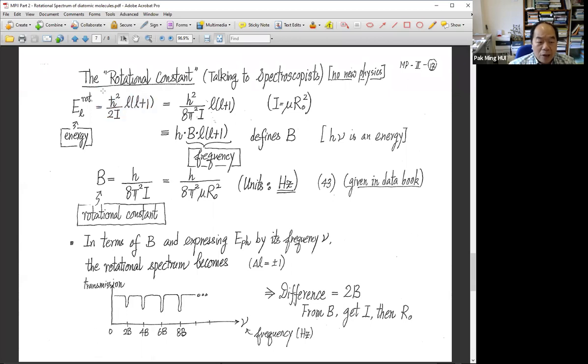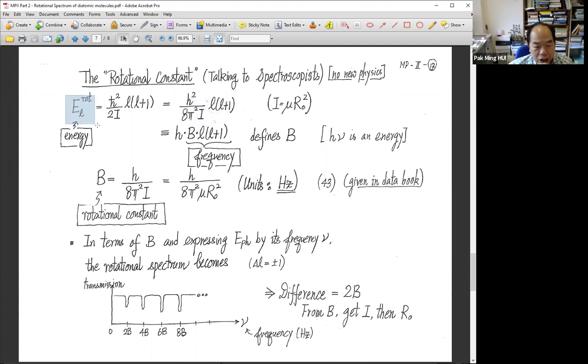And then we don't like H bar, we write it as H, fine. And then the next line defines what the spectroscopists use. They introduce a rotational constant called B. That is a property of a molecule, all right? So it is at this place they write this particular form.